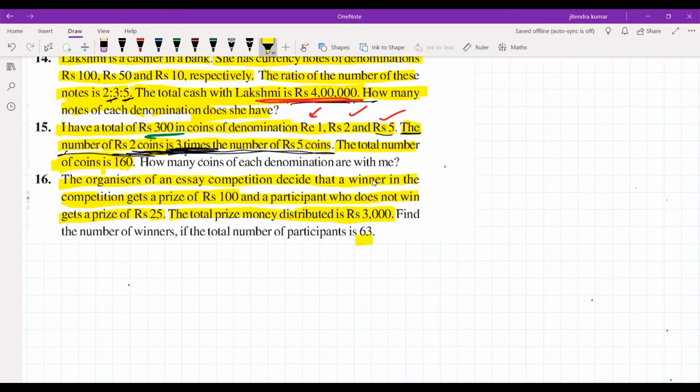So let's consider that the number of winners is X. As it's saying winners, I think there can be multiple winners.